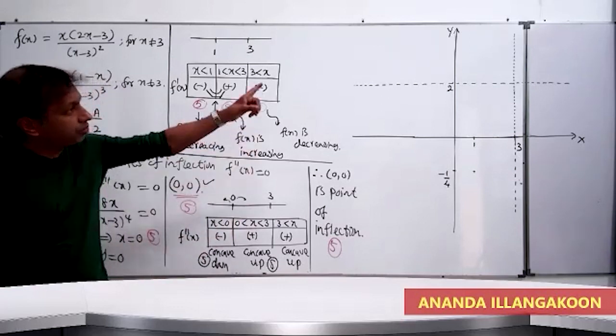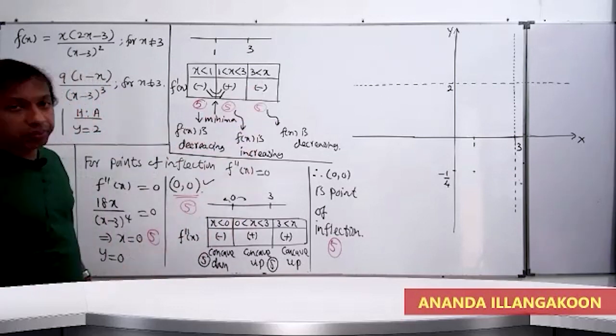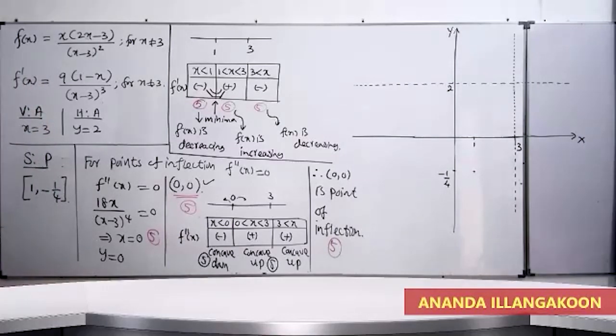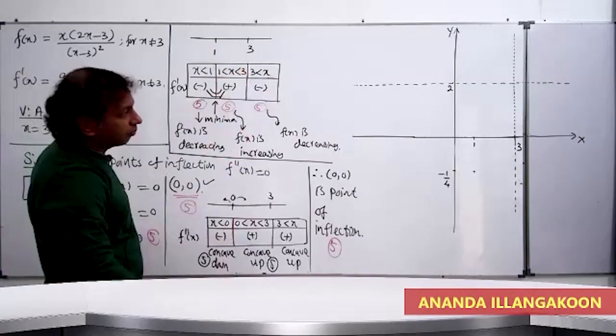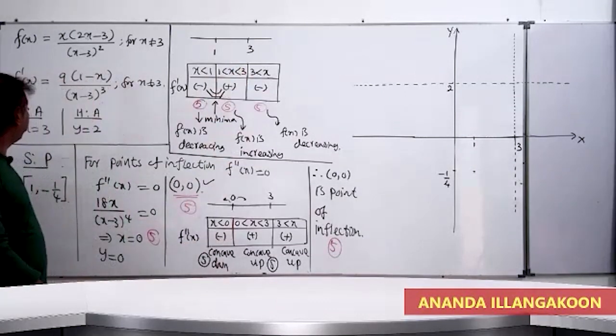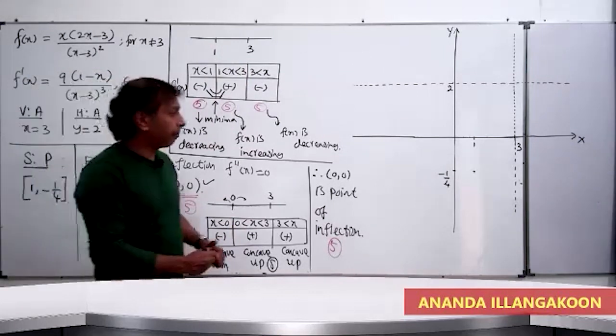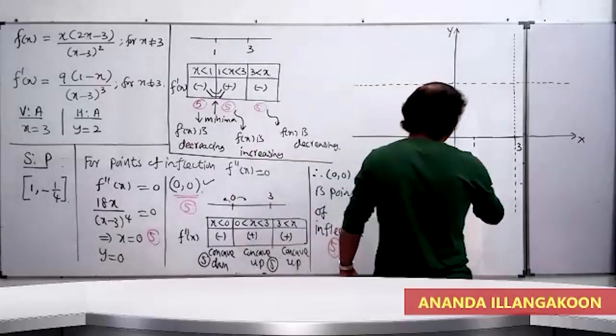And we sketched the OXY plane, and now we are going to sketch the graph. At x equals 3, we have a vertical asymptote, and the stationary point is at 1, minus 1 by 4. Minus 1 by 4 should be closer than this, no?